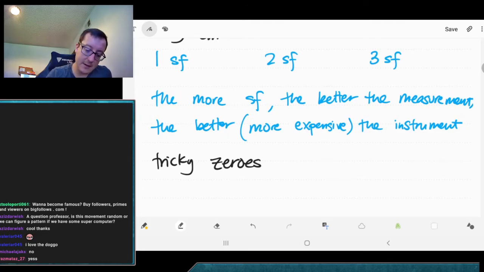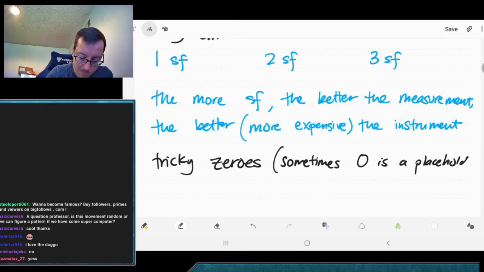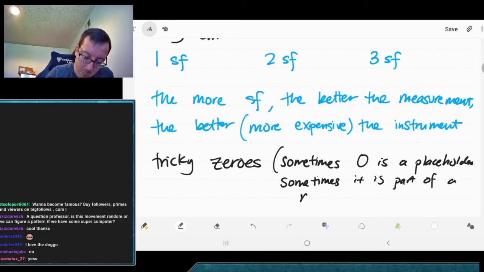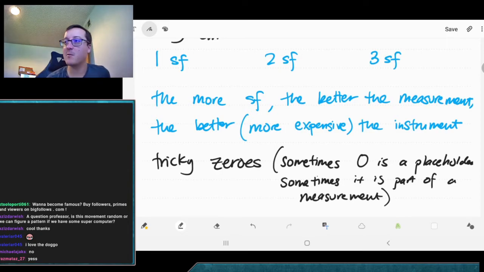The reason is sometimes 0 is a placeholder, but sometimes it is part of a measurement. We saw that something was right on the line. That 0 might be part of a measurement. But sometimes 0 is just a placeholder. And if it's just a placeholder, it's not going to count towards our number of significant figures.